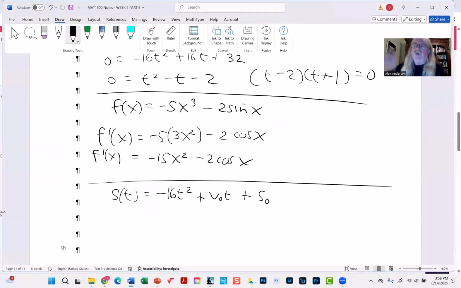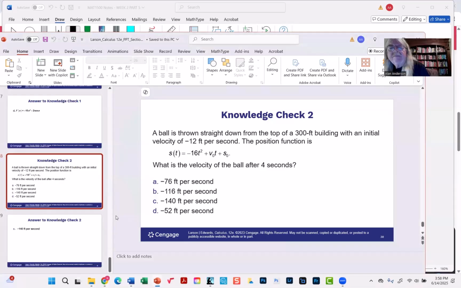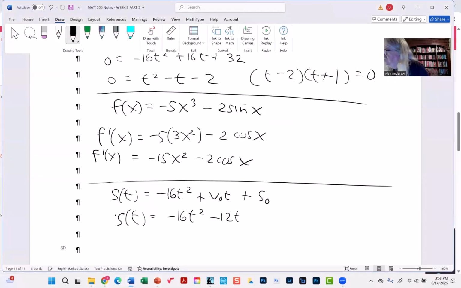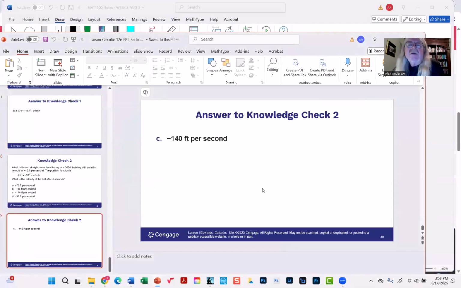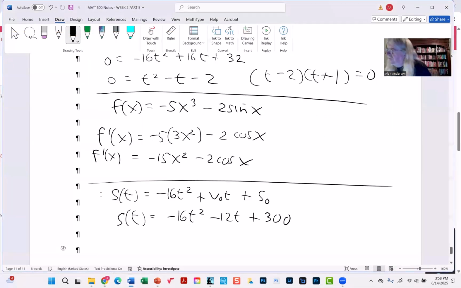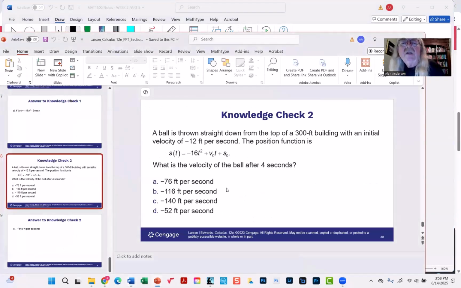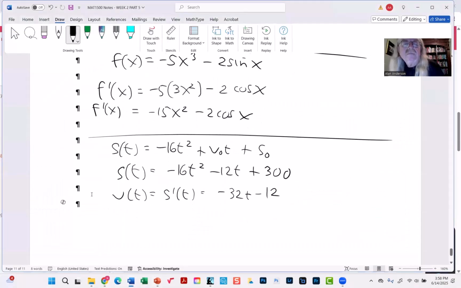We're going down, dropping the ball off the roof. What's the velocity after 4 seconds? So remember, velocity is negative 32t minus 12. And then they want to know after 4 seconds, so you're solving for V of 4.